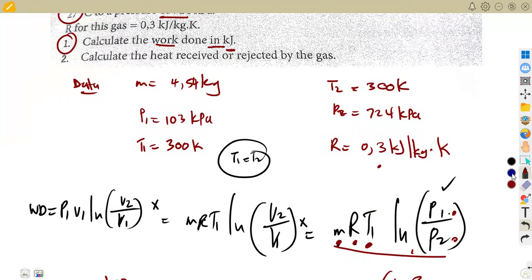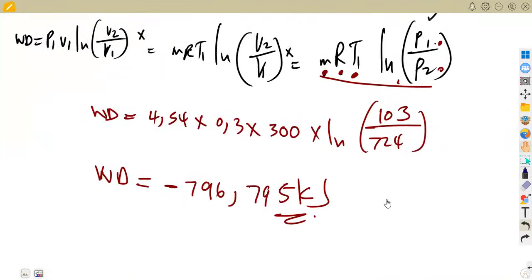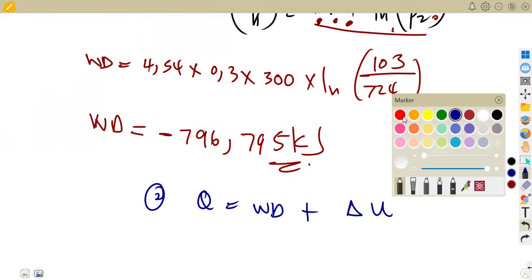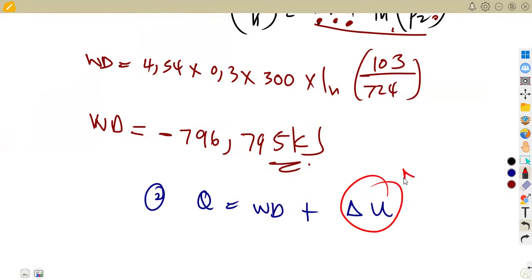And on number 2, they want us to calculate the heat received or rejected by the gas. Under an isothermal process or under any process, we can calculate Q by adding. That is, Q is equal to the work done plus the change in internal energy. But remembering that under an isothermal process, the change in internal energy gives us a 0.